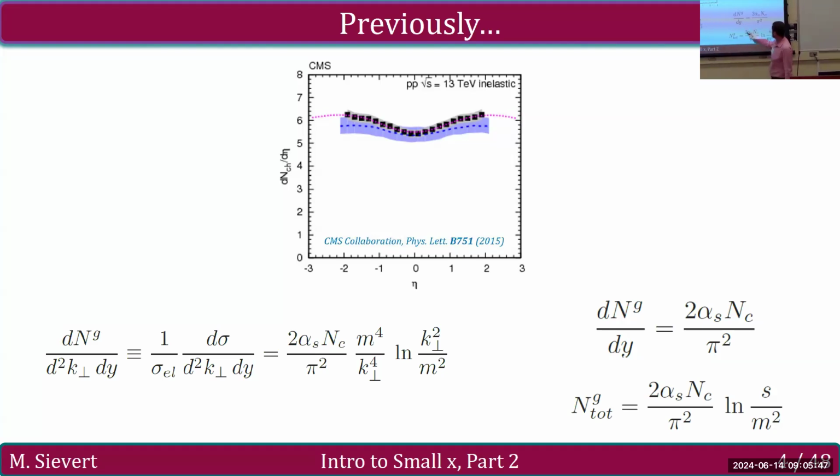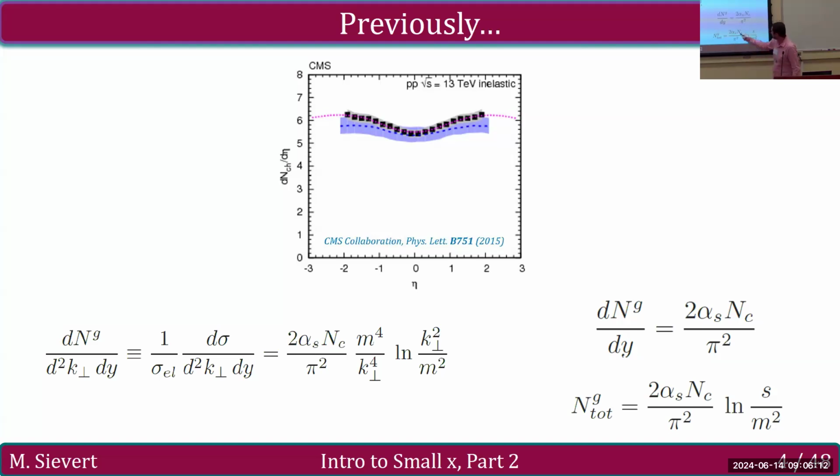And then if I trivially integrate that, I get a number per unit rapidity, which is approximately a constant. That's even what you see experimentally, that the number distribution of hadrons in high energy scattering around mid-rapidity is basically flat. And this theoretical approximation suggests that it should be approximately flat until you start to get close to the actual beam rapidities, which are something like plus minus 5 units in rapidity.